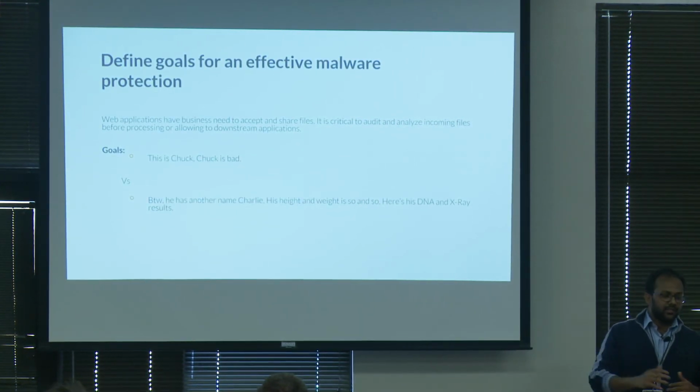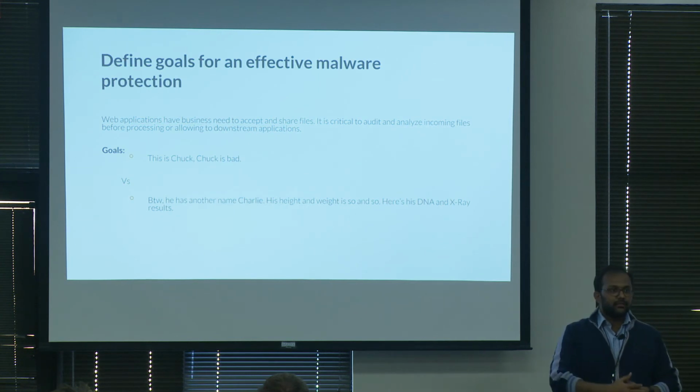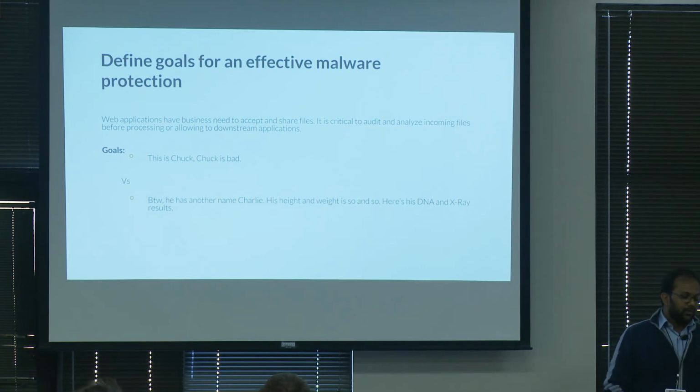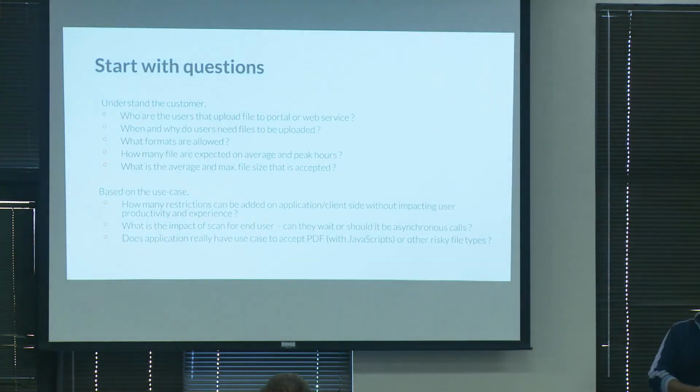Is that sufficient? Or do we want to know his weight, his height, and his DNA result, for example? That is the first step you would want to define, based on the environment that you have and the other controls you have in the environment.